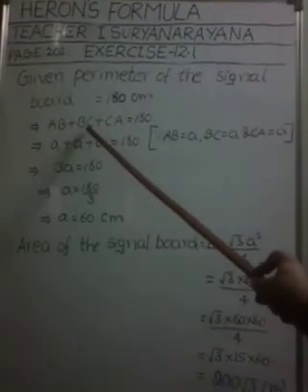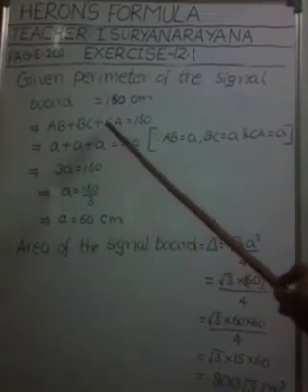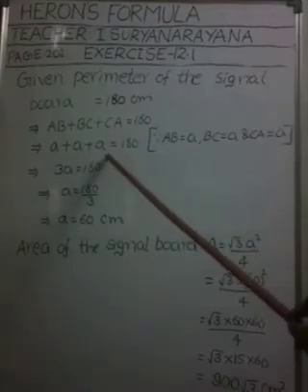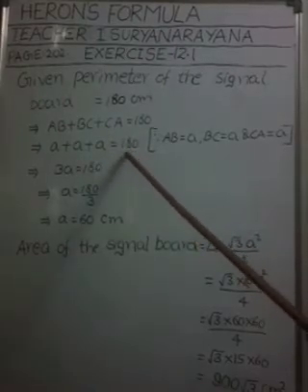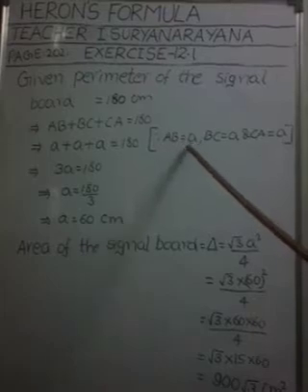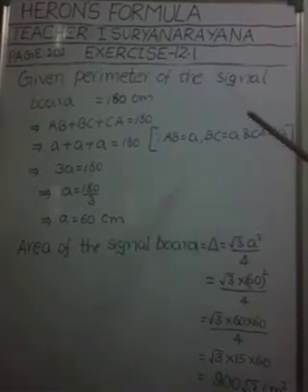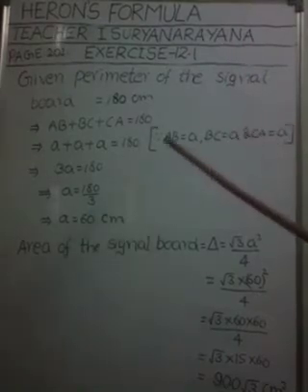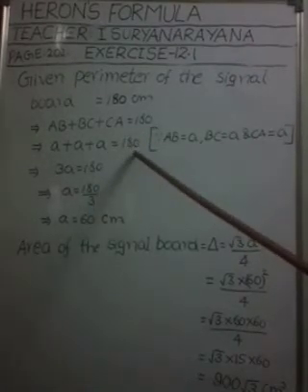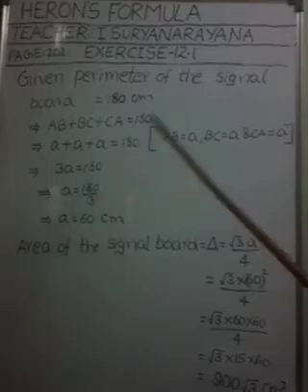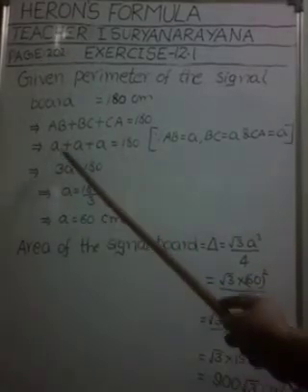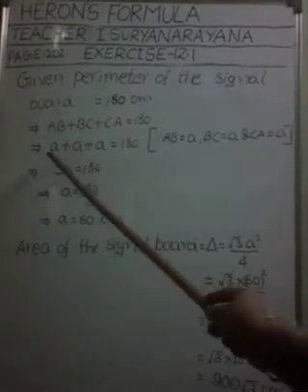Plus what is the value of BC? Small letter a. Plus what is the value of CA? Small letter a is equal to 180. Because AB is equal to a, BC is equal to a and CA is equal to a, we substituted these three values to get this step. Understood this step, my children? If you observe the LHS, there are three terms.